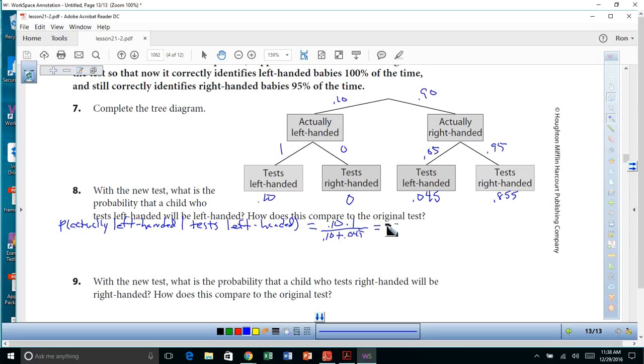So that's 0.10 divided by 0.145, which is 69%. So the probability that the test is correct in this case increases from 67.2% to 69%. Okay, and that's up 2 percentage points.